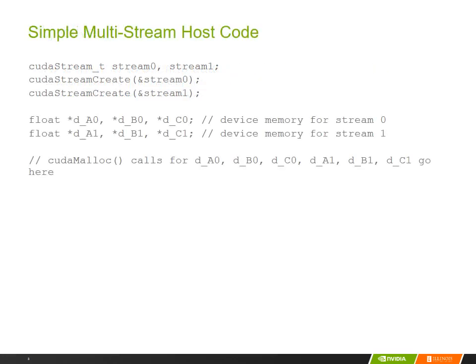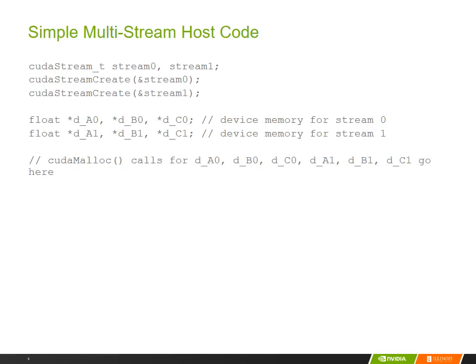This slide illustrates the use of streams in CUDA host code with our vector addition example. Before we can use these streams, we need to create them. In CUDA, we have a special data type called cudaStream_t.